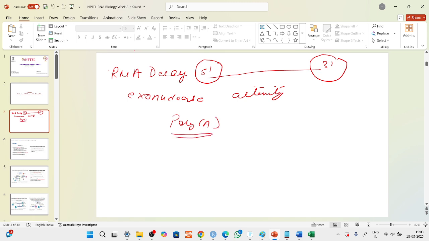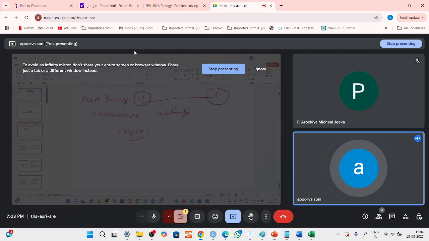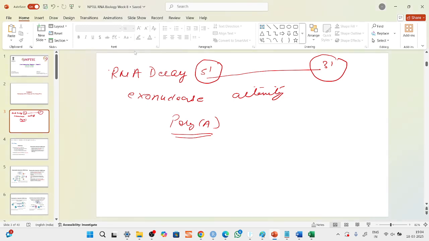As the RNA starts aging, these poly A's tend to get degraded or removed because of the exonucleases which continuously attack the RNA. So when the RNA is aged, the number of poly A's would be less.